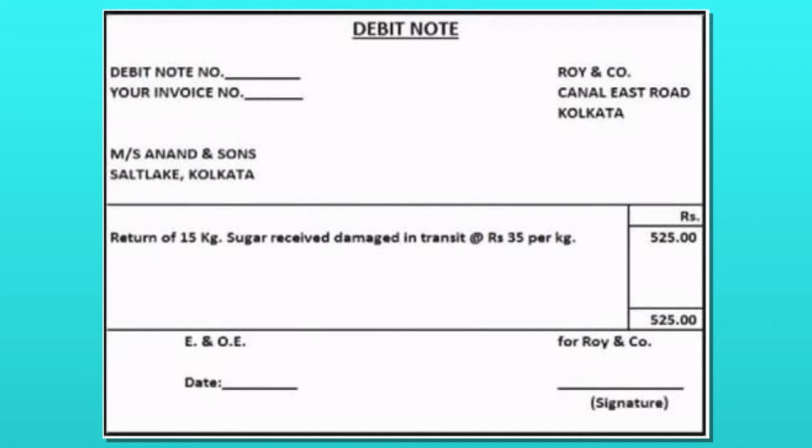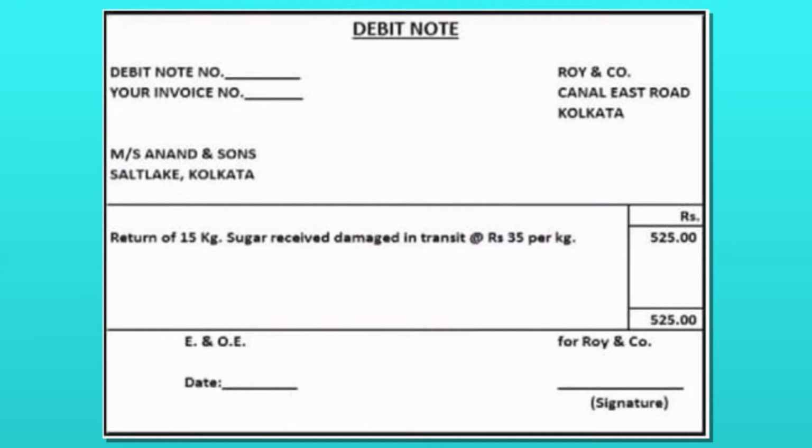And here, Messrs. Anand and Sons, Salt Lake, Kolkata. So this is the address of the supplier, and who is writing the note? Roy and Company, Canal East Road, Kolkata.